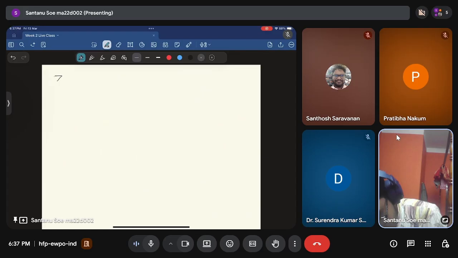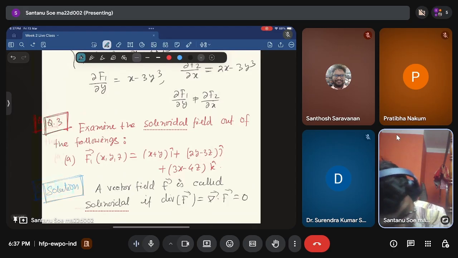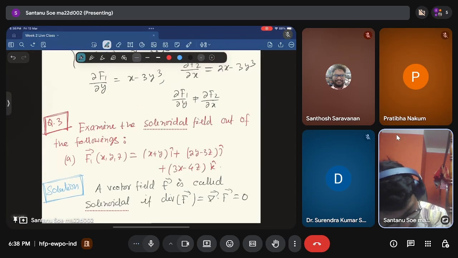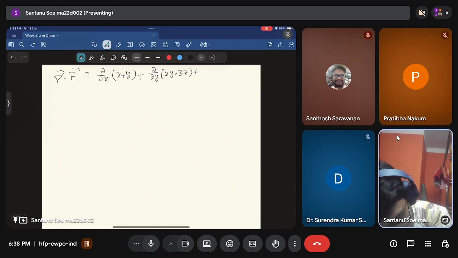So this divergence of F1 is just del x of x plus y, plus del y of 2y minus 3z, plus del z of 3x minus 4z.